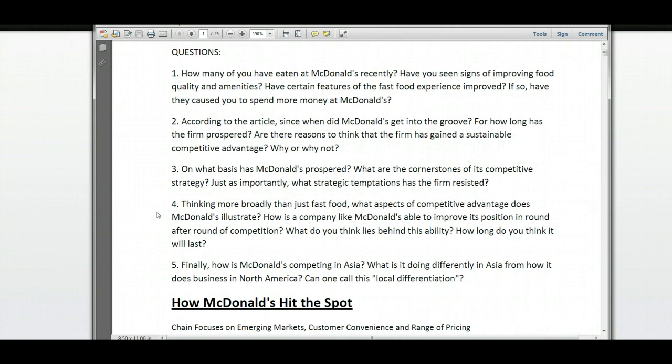Now, as far as McDonald's competing in Asia, it's a different business model than in North America, because Asian food tastes are different. The way the restaurants can be designed, and the type of cost points, and the competition overseas, and also disposable income.